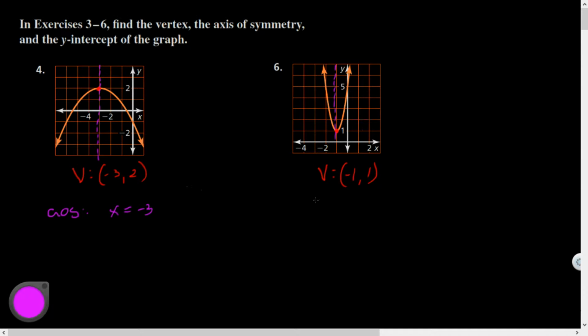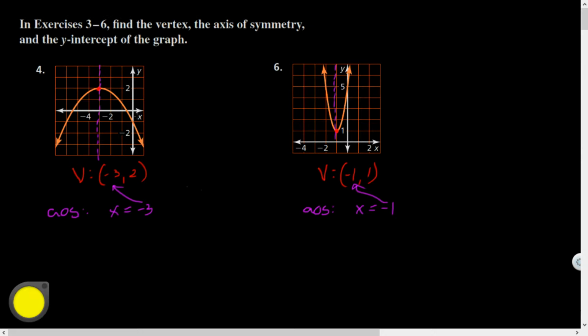Over here the axis of symmetry is going to be the equation x equals -1. And you can notice that it's always just going to be x equals whatever the x-coordinate of the vertex was, which is the quick way to figure that out.